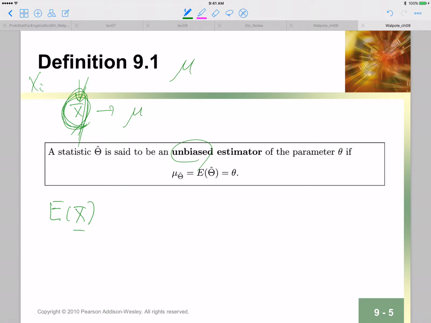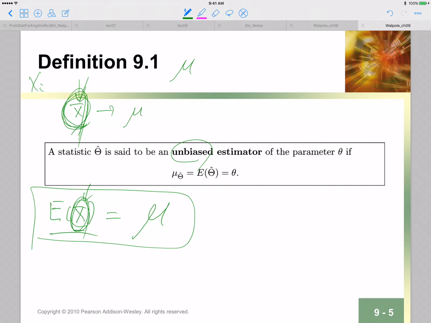If this statistic's expectation value from its own distribution is actually the same as the true parameter that you want to estimate using this x bar, so if you can satisfy this equation, then this is called an unbiased estimator.